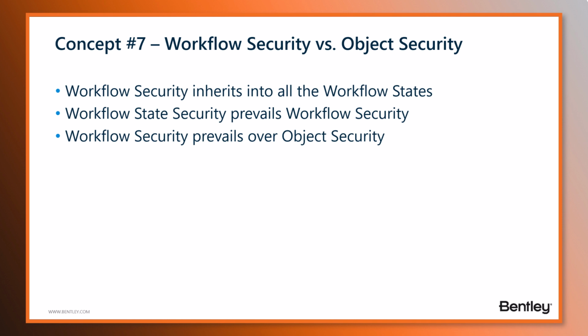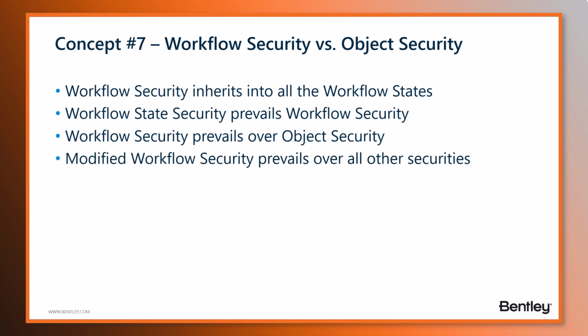Finally, when a folder with workflow assigned and its permission is being modified in ProjectWise Explorer, then this will prevail over the object security as well as the workflow and states security, with only one exception, and that is no access has been explicitly assigned to the object security.